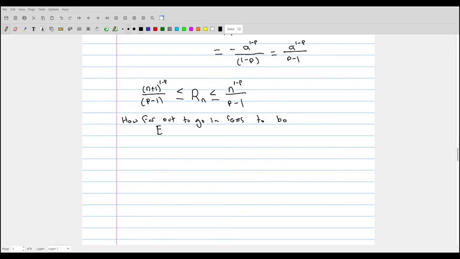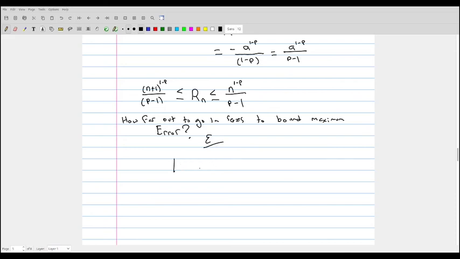to bound the maximum error. So we'll say the error tolerance is equal to epsilon, say. You want to make sure that this remainder term is less than this epsilon.